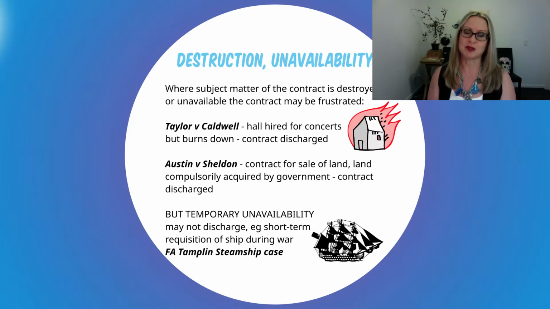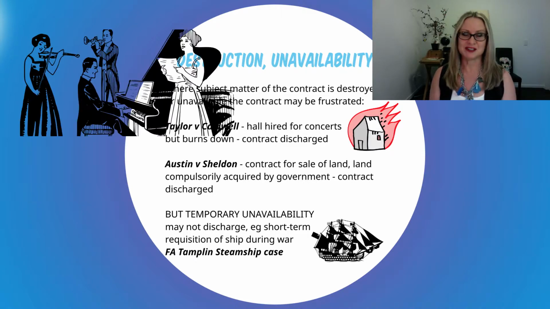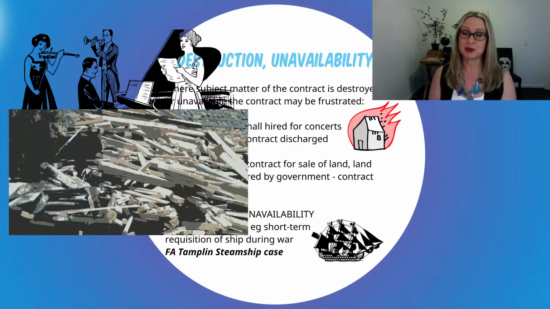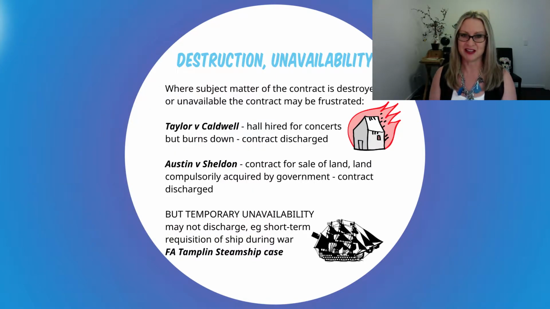Now, before the time of the concerts, the entire hall was burned down. And in those circumstances, obviously, to perform some concerts in the middle of a pile of ashes would be a radically different thing. There would be a changed obligation there that made performance really impossible. So, obviously, contract discharged for frustration.